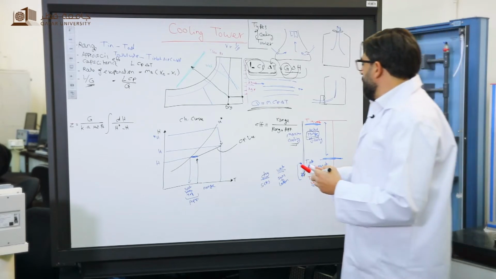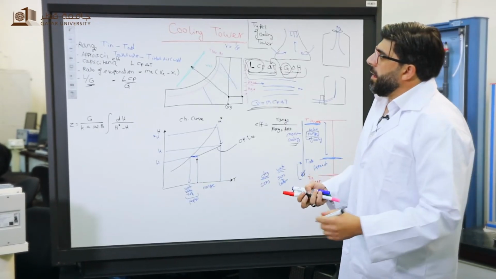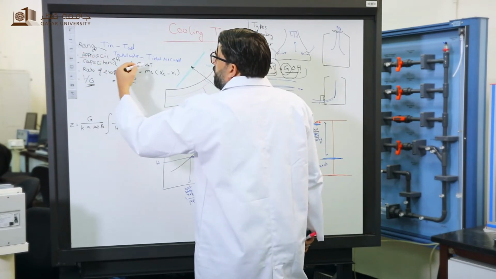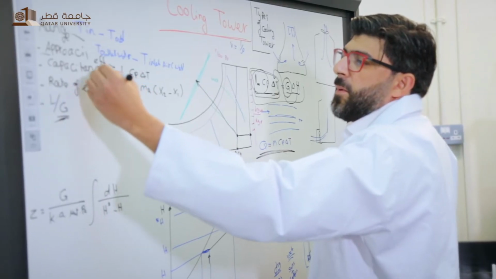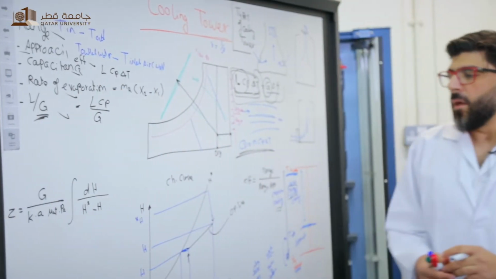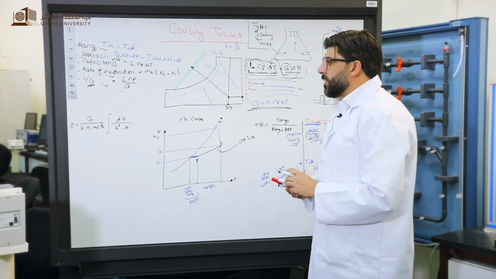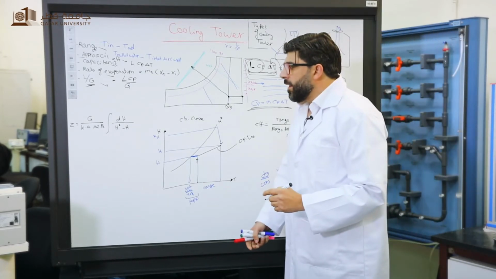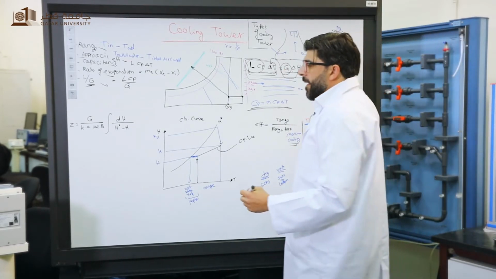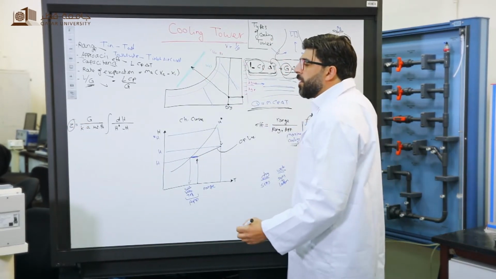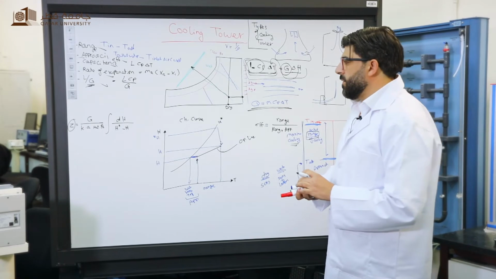Okay. So now we have already covered range, approach, effectiveness, capacitance, rate of evaporation, L over G. One of the main properties of a cooling tower, to determine its height, is what is called the number of transfer units and height of transfer unit.